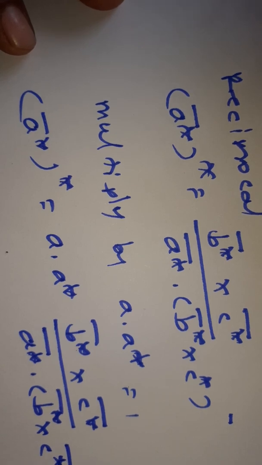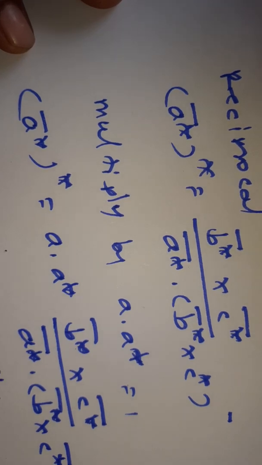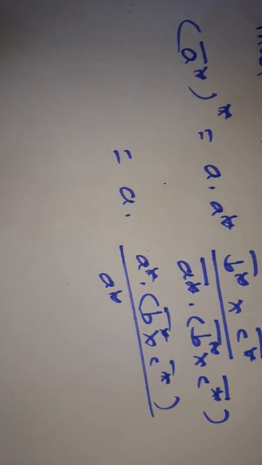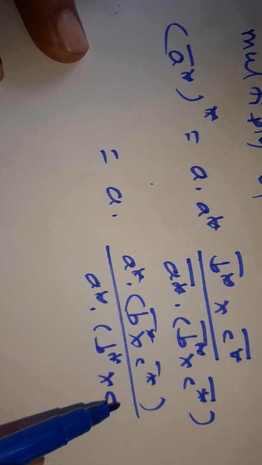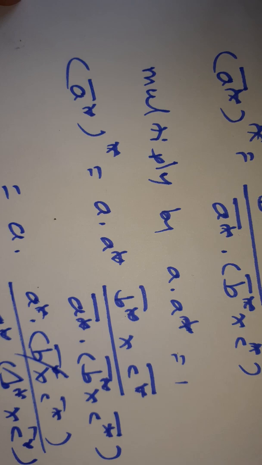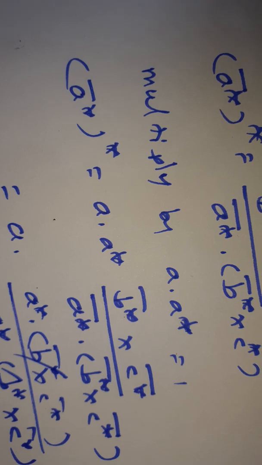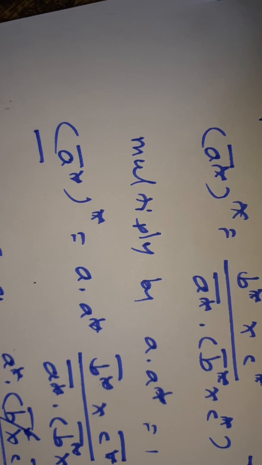Now if you put this, readjusting your terms, we got divided by A complex B cross C. So this is cancelled, so the remaining term is only A. So if you take the reciprocal of the reciprocal lattice vector, we get the direct lattice vector.